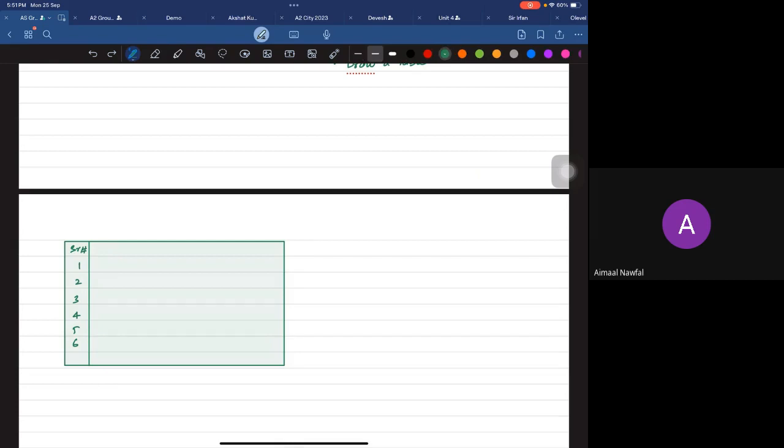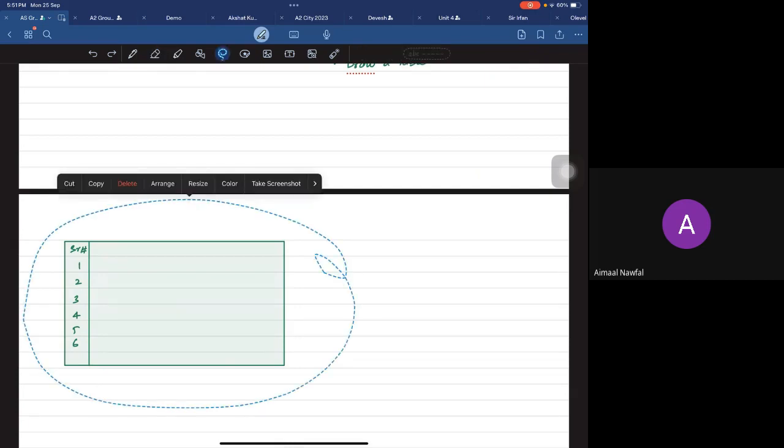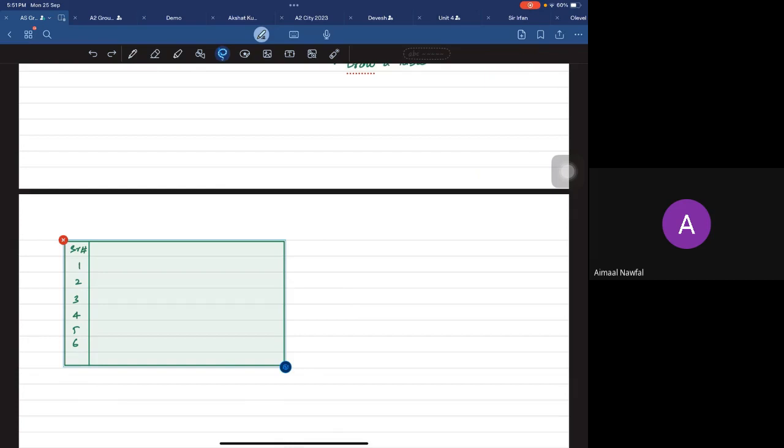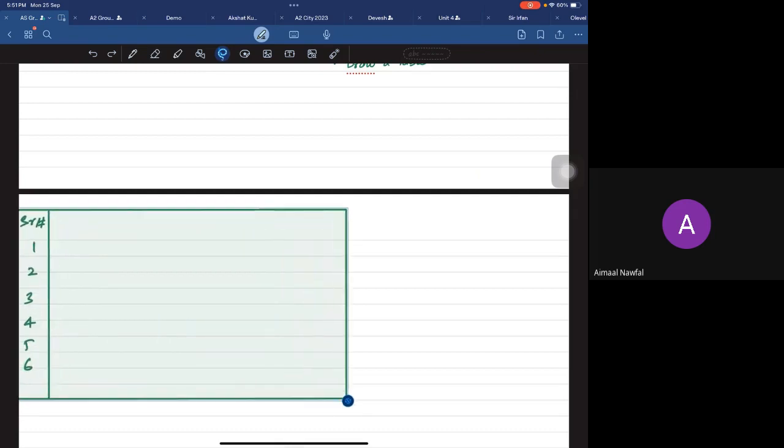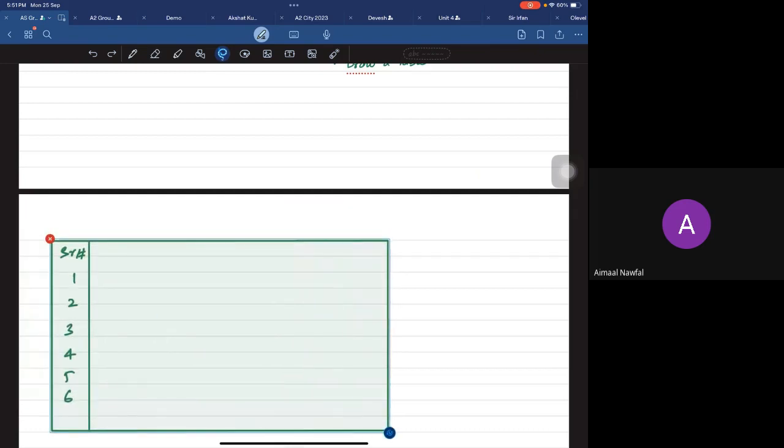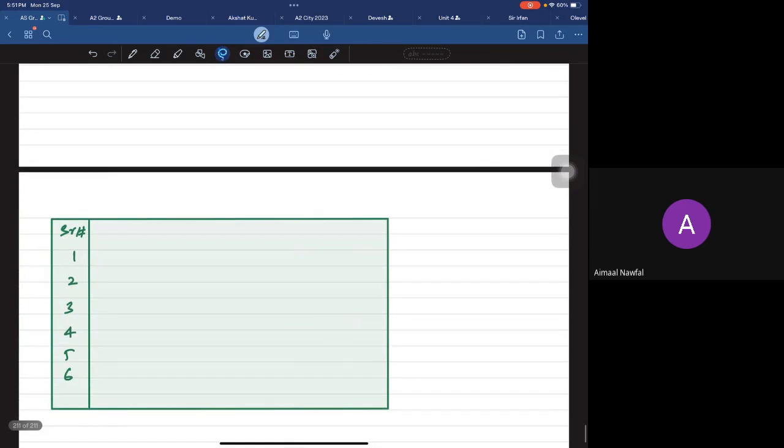Okay, I should have drawn a bigger table. Never mind. Or should I make it bigger? Let's make it bigger. Okay, like that.